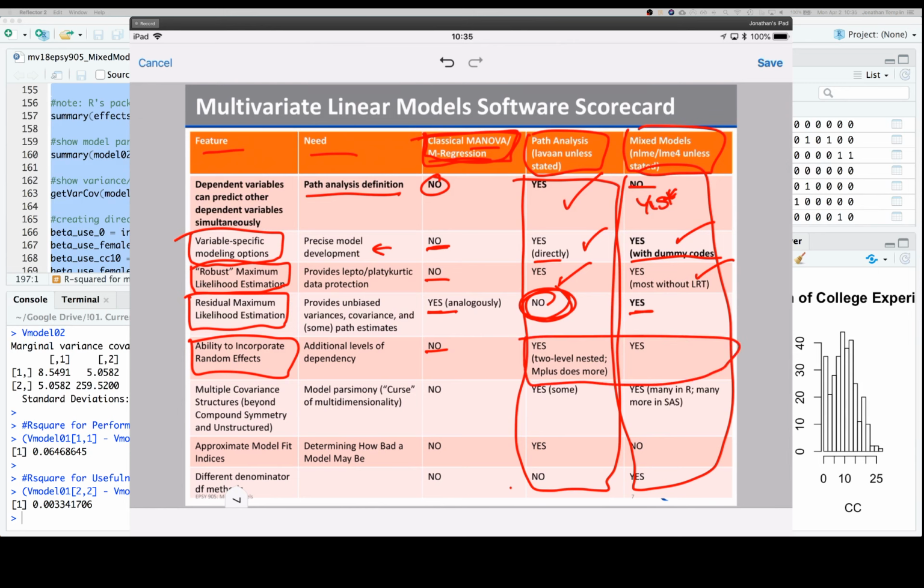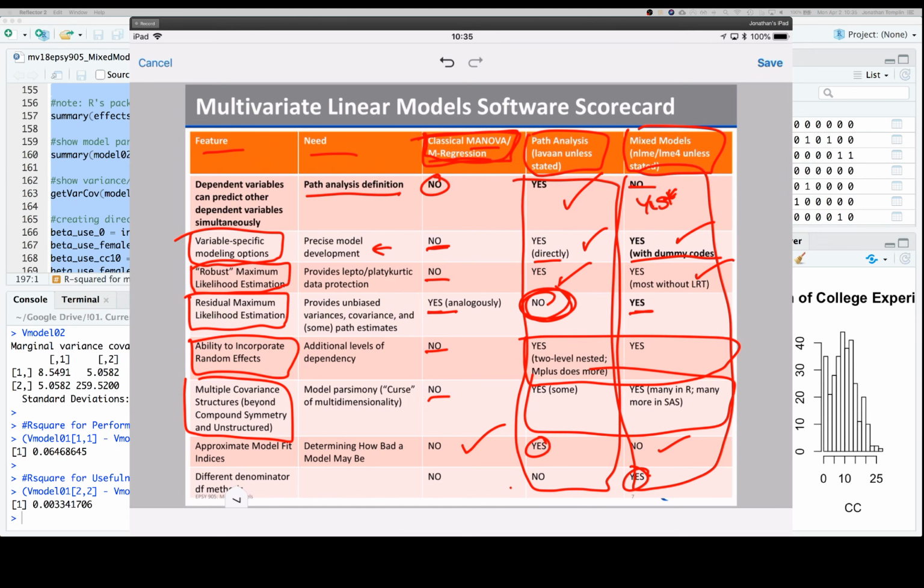We can have multiple covariance structures as well in the current approach, but we didn't have that before. We get better model fit indices in path analysis than for any of the others. And we have different denominator degrees of freedom methods, although we won't talk about those largely today, in mixed models but not in path analysis.